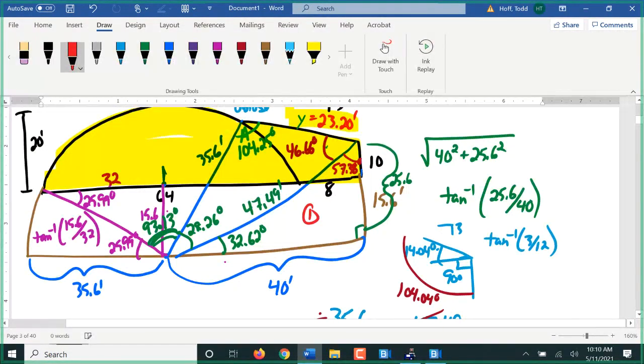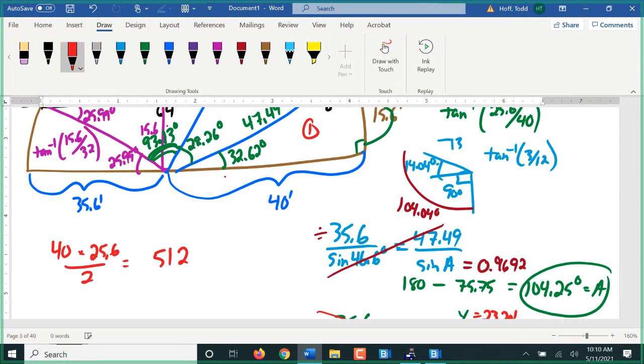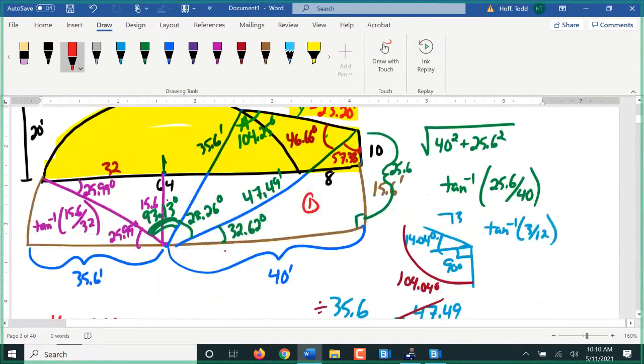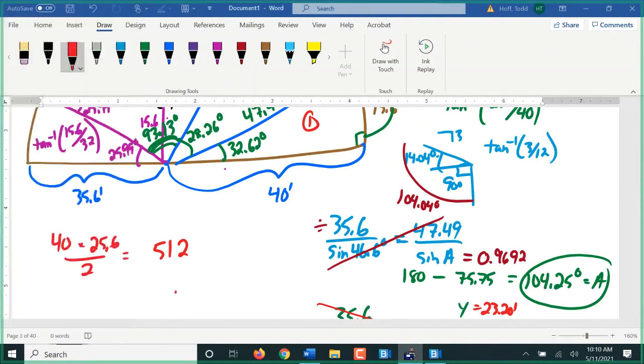This piece here is piece 1, that's 40 by 25.6 divided by 2 because it is a triangle, which comes up to 512, I believe. Is that right? Yeah, that's right. It is 512 square feet.